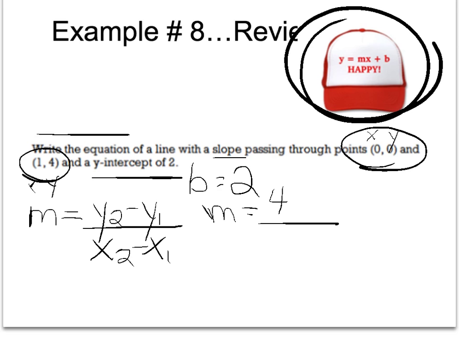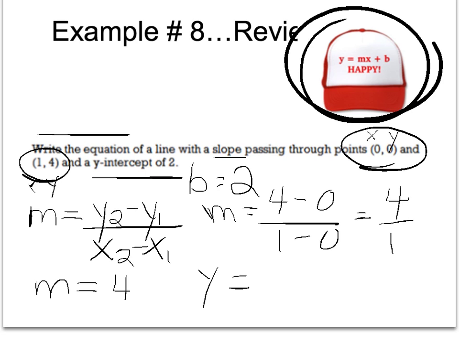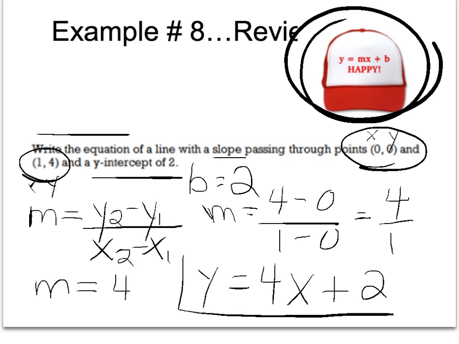So I have 4 minus 0 and 1 minus 0, which gives me 4 over 1. The slope of this line, these 2 points making a line, would give me a slope of positive 4. And I use y equals mx plus b to substitute that information. And so I have y equals m, which is 4, x plus b, which is 2. So now you have started with 2 points and a y-intercept and gotten to the equation y equals 4x plus 2.